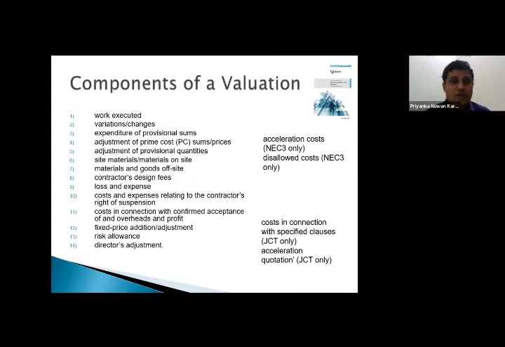And then we are going to talk about the expenditure of provisional sums. I hope you may have heard of something called adjustment of provisional sums. In fact, expenditure of provisional sum gives the same sense, the same meaning. This terminology is more UK based, because as you can see in the top right hand corner, this has been taken from the RICS paper called Interim Valuations and Payments, which was issued in 2015.